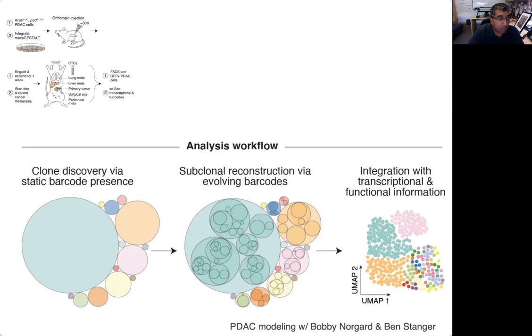So that's what we're referring to on the left with clone discovery via the barcodes that mark the cells. And then in addition to that, we're trying to reconstruct the evolution of the barcodes within these clones, and then finally trying to integrate this with transcriptional information that we get from the 10x data.